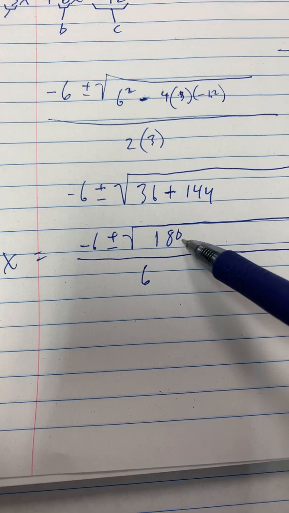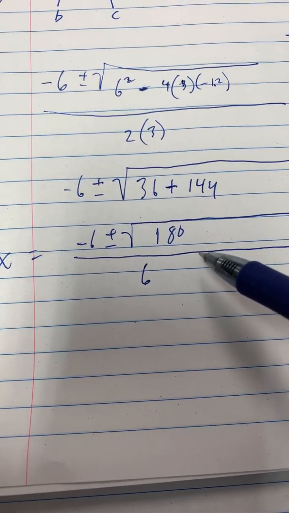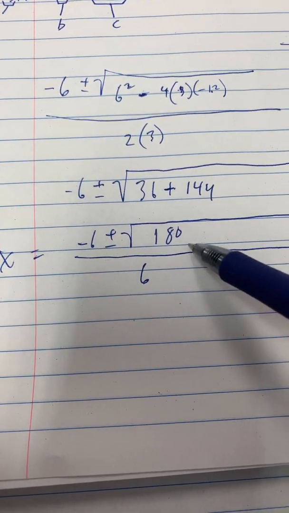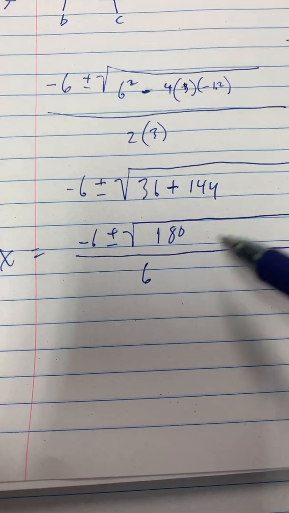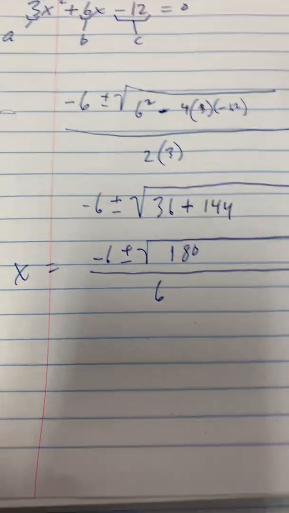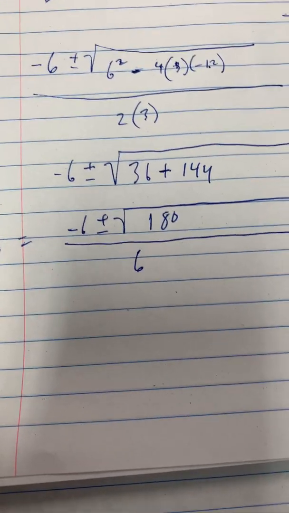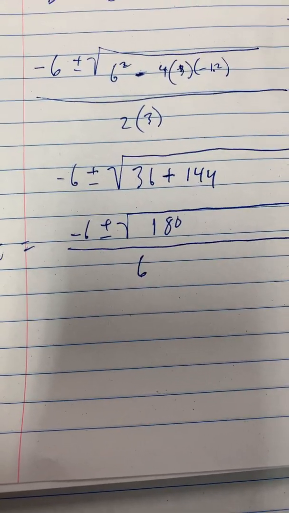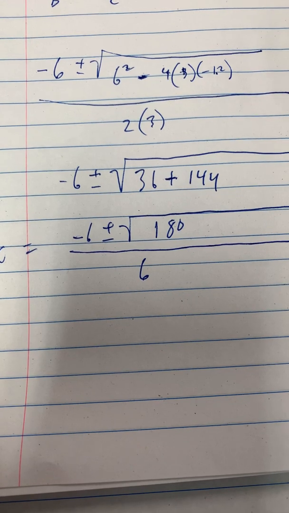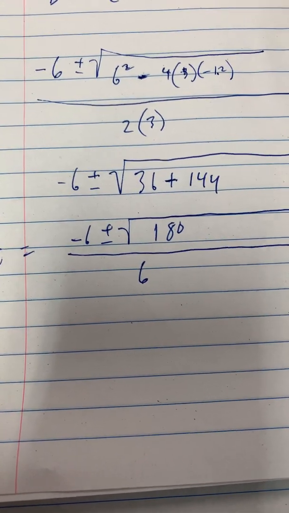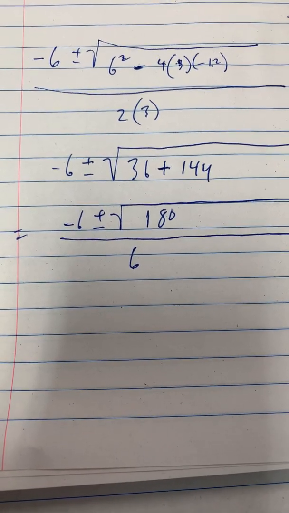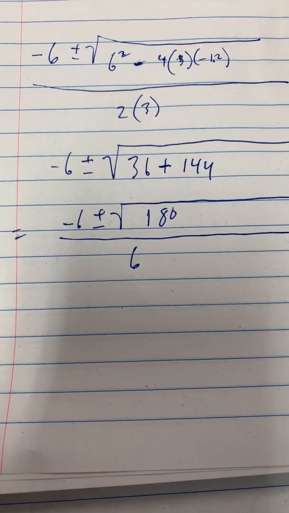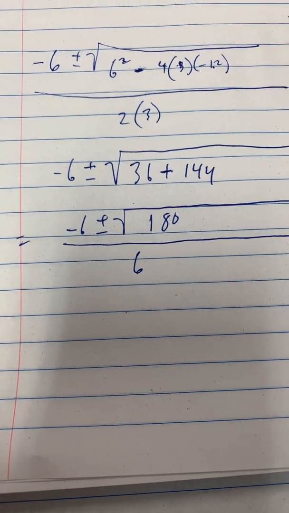Now, 180. Is 180 a perfect square? I don't think so. I don't believe it is. 12 times 12 is 144. 13 times 13 is going to give us 169.